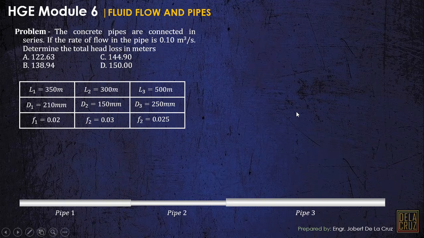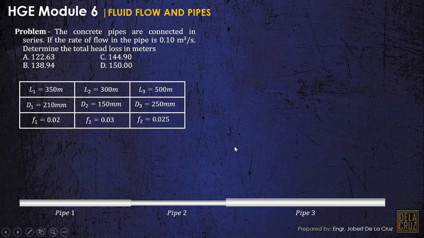The concrete pipes are connected in series, as we can see in the figure here. If the rate of flow in the pipe is 0.1 cubic meters per second, we are required to determine the total head loss in meters. There are choices here, like a board exam type of question.